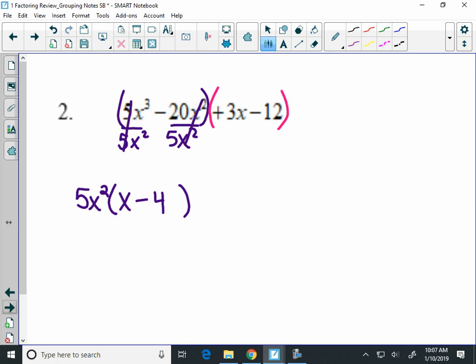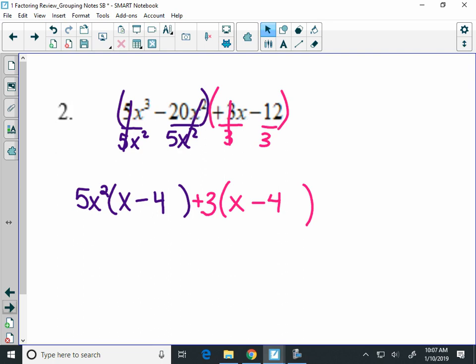So that's the first side. Let's look for the GCF of the second set. 3 and negative 12. Well, they both have a 3 in common, so that's going to be my GCF here. I'm going to write the positive 3 in front. 3x divided by 3 is just x. Negative 12 divided by 3 is negative 4.